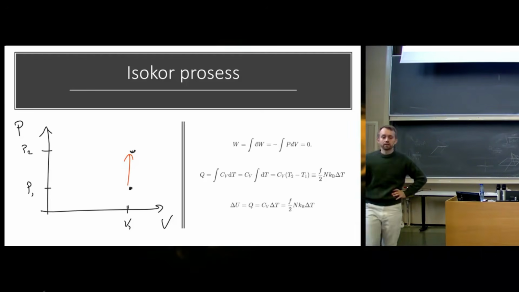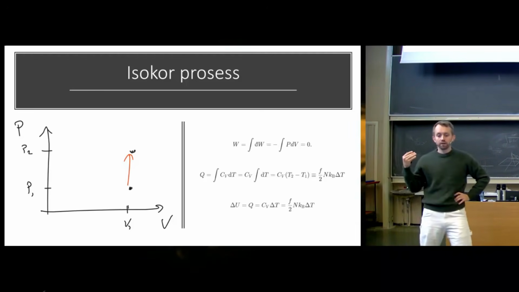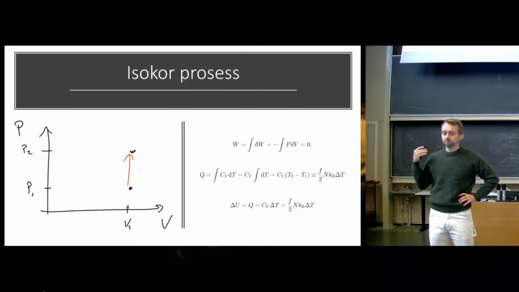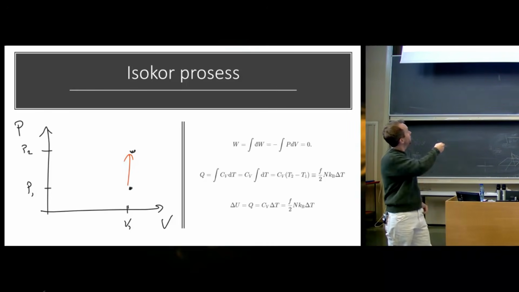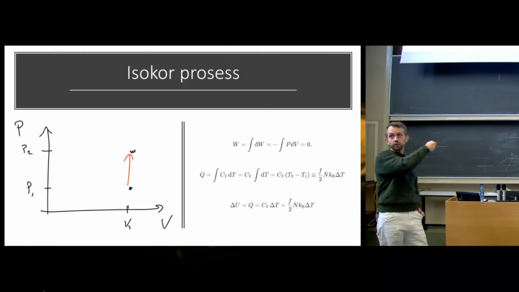The heat that I need to add is given by the heat capacity, because the heat capacity is how much energy I need to add to increase the temperature. So the heat added is the integral of CV dT. I'm using CV because it's constant volume, right? It's a constant, I assume.